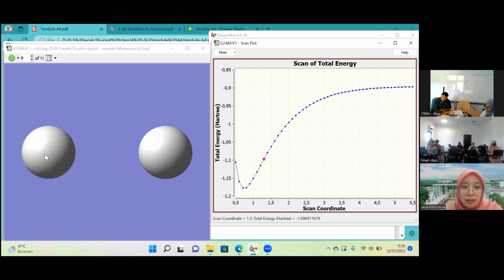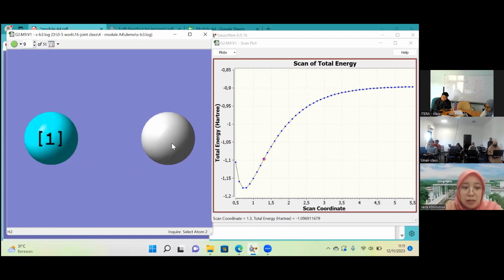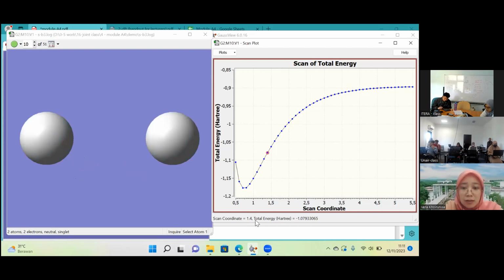So the distance between this one and this one is also 0.3. So if we move here, it will be 0.4. So now the question will be, which one is R0?